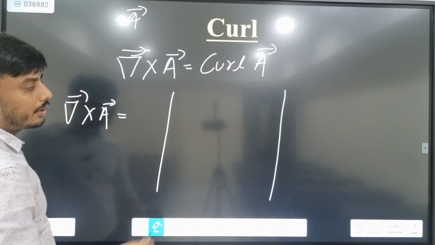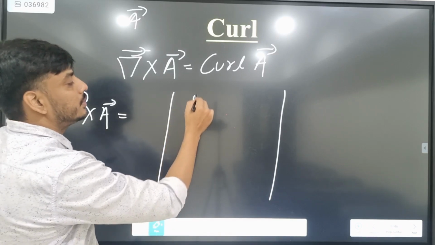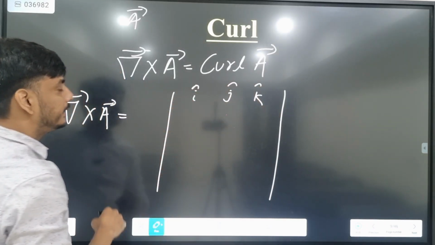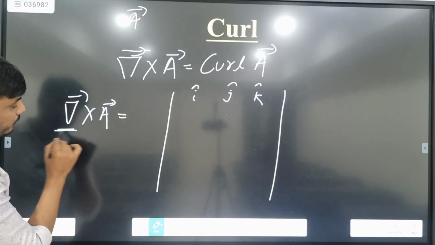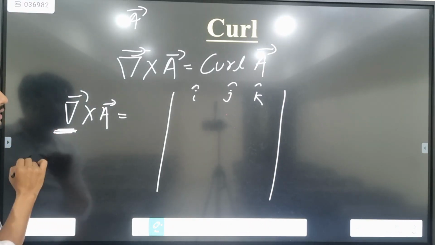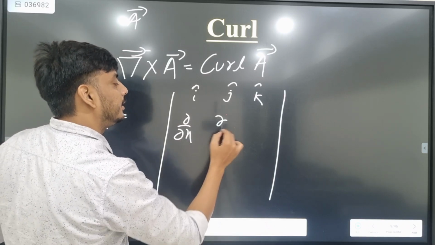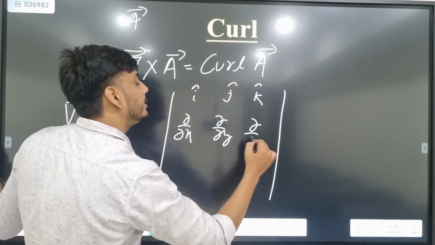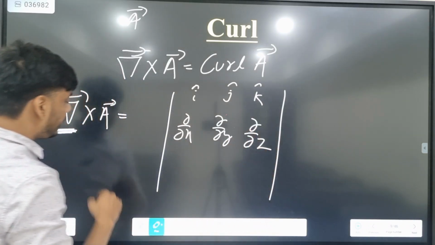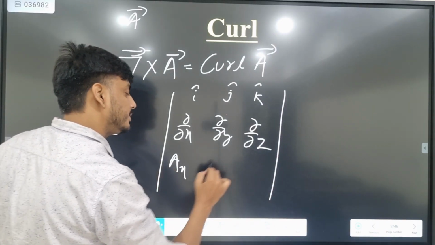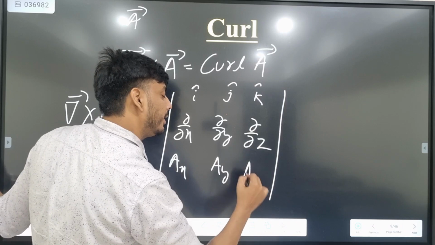We are going to use it. First we write down i cap, j cap, k cap. Then whatever the first vector written here, that is del, its components we have to write: del by del x, del by del y, del by del z. Then we write down the components of the second, that is Ax, Ay, Az.